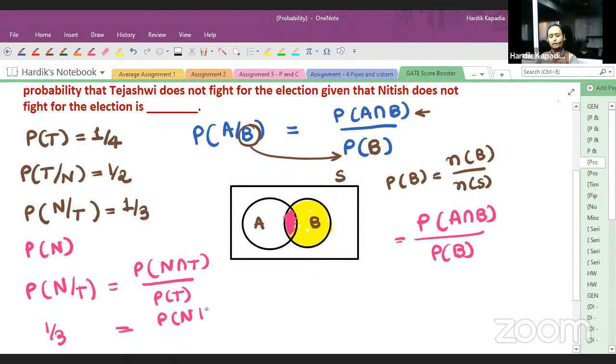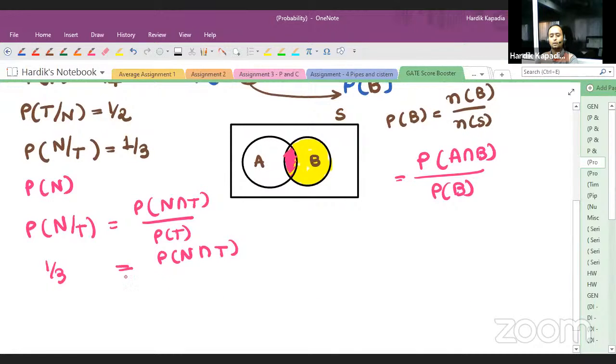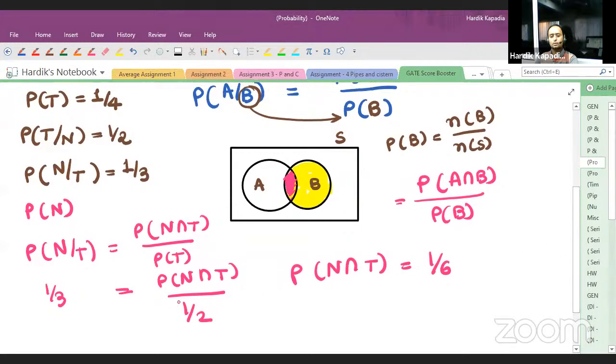Probability of N intersection T divided by 1 by 2. So probability of N intersection T is equal to 1 by 6. Sorry, 1 by 4 over here. So that is 1 by 12.